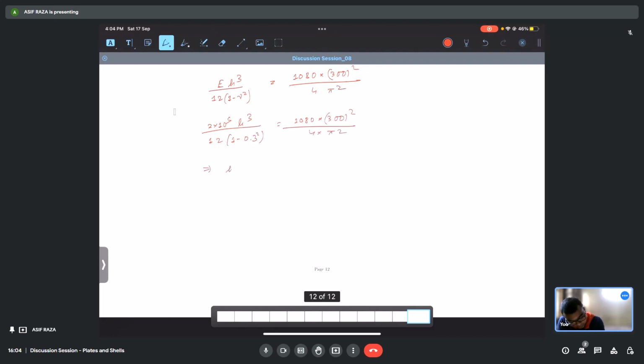So this will give h³ equal to 1080 times 300² divided by 4 divided by π² times 12 divided by 2 × 10⁵ times (1 − 0.3²).